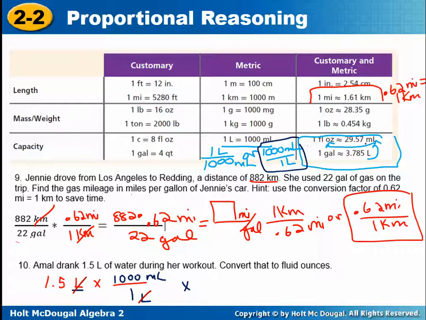Now I want to change milliliters into ounces. I want to use this conversion. So I could either use 1 ounce over 29.57 milliliters. That's one rate. Or the other rate is take the reciprocal of that, 29.57 milliliters over 1 ounce.